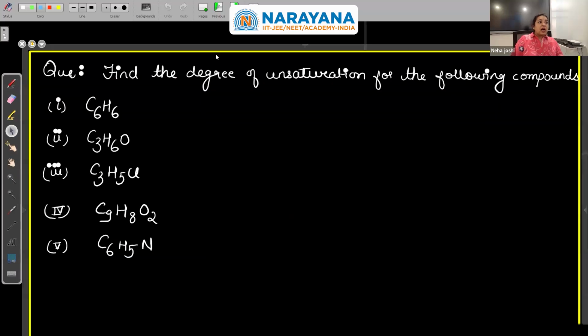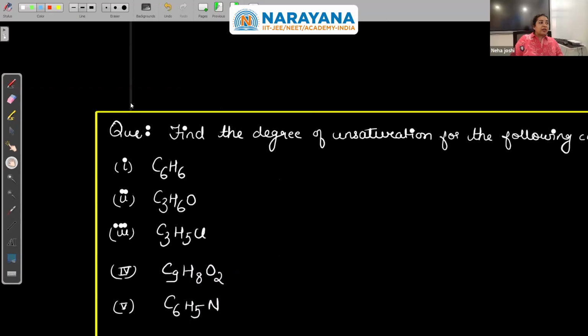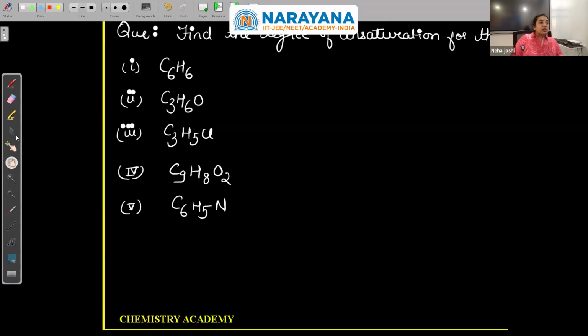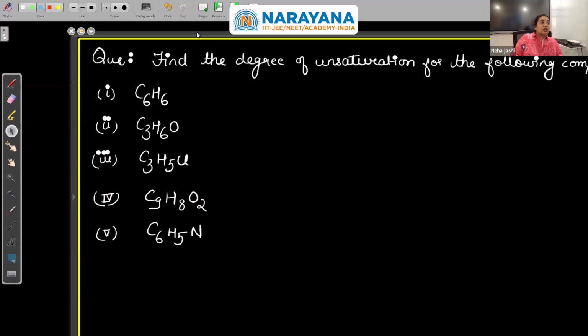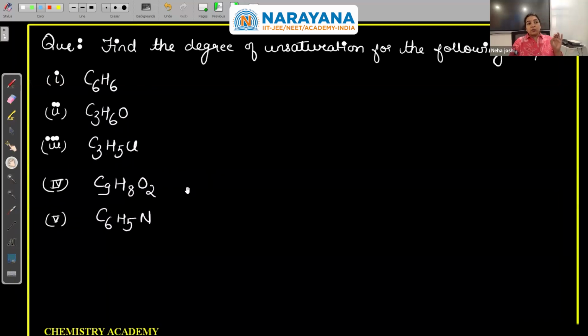Whereas whenever I say find the degree of unsaturation, beta, it is a mathematical condition in which we define some condition. Now, what is that condition?